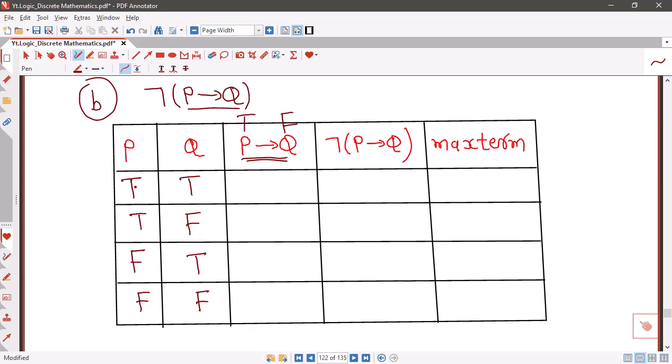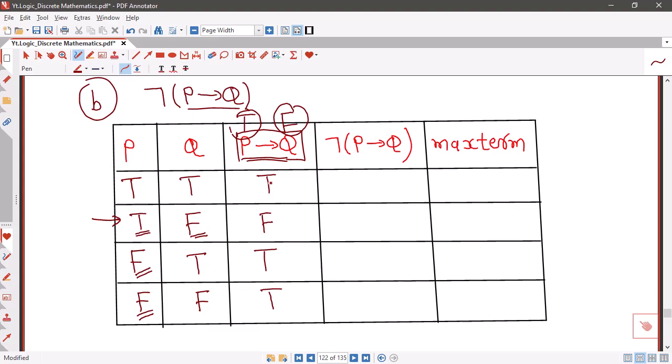So here p is true and q is true, therefore this is true. Here p is true and q is false, therefore this is false. Here p is false, so we don't have to worry about q, we can directly write true. Same thing here. What we will remember is that p implies q is false if p is true and q is false, that is this case.